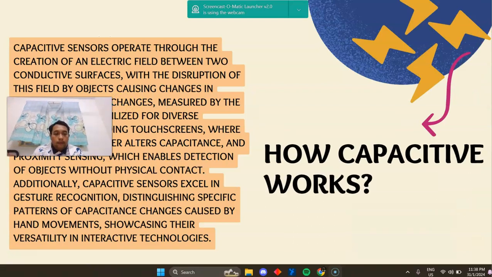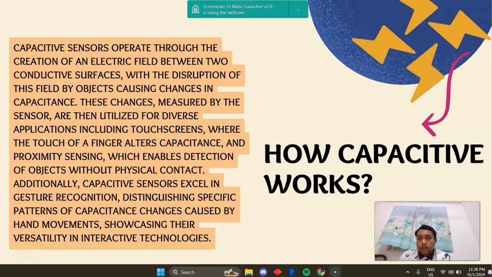For how capacitive sensors work, capacitive sensors operate through the creation of an electric field between two conductive surfaces, with disruption of this field by an object causing a change in capacitance.